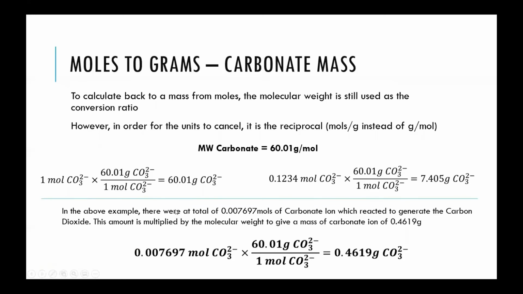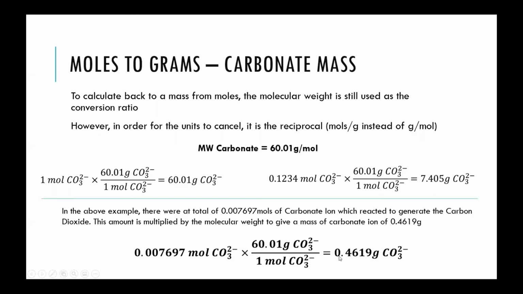Now that you have the moles of the other component, you're converting that back into grams. So you're taking that value and multiplying it by the molecular weight of carbonate to determine the mass of carbonate.